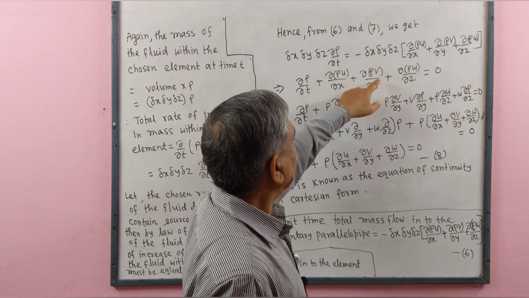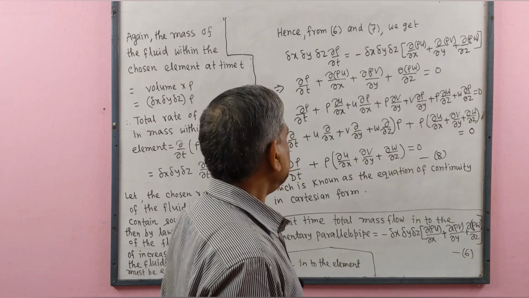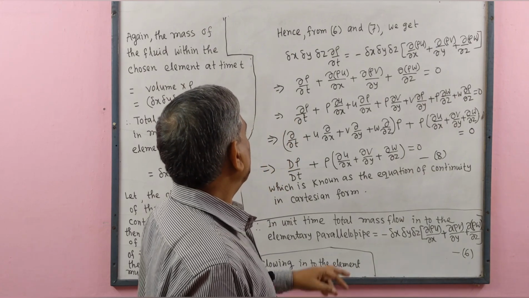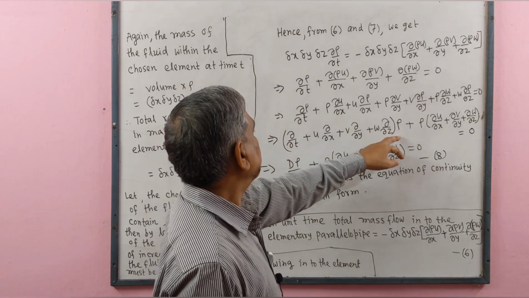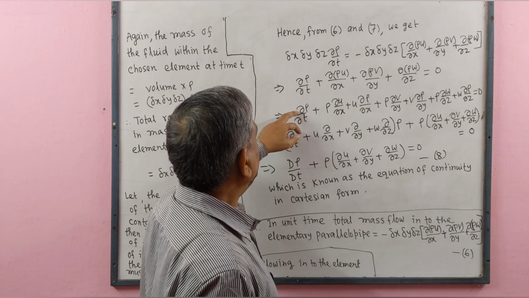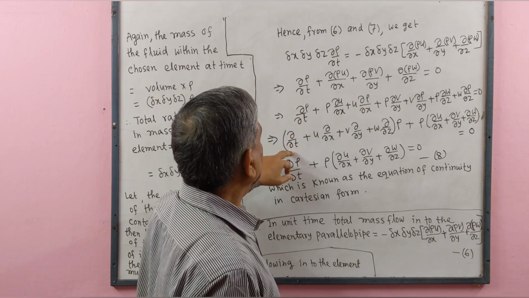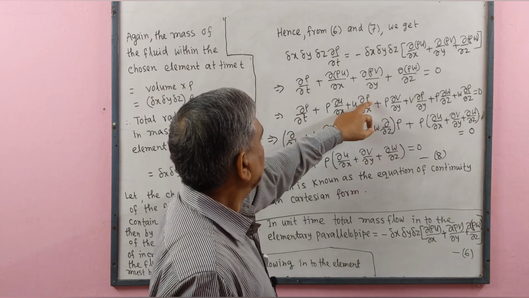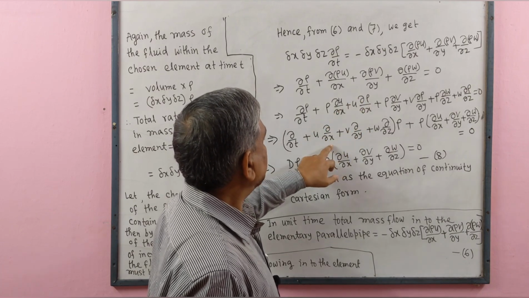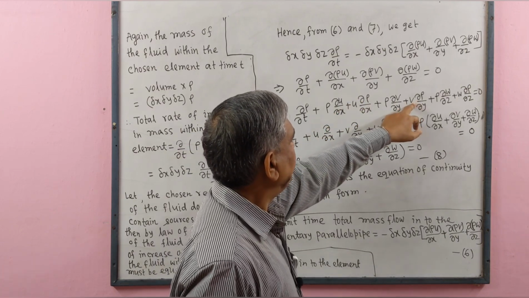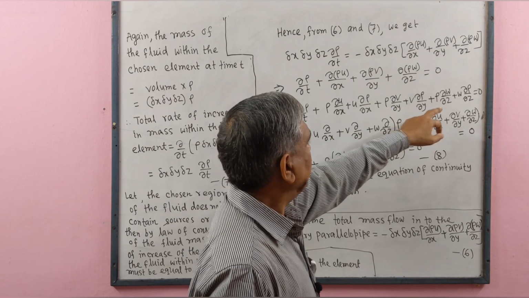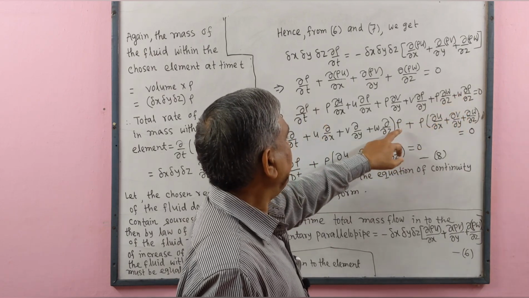Similarly here also. Here we take rho outside and we write del by del t, here u del by del x, here v del by del y, here w del by del z, and rho outside.